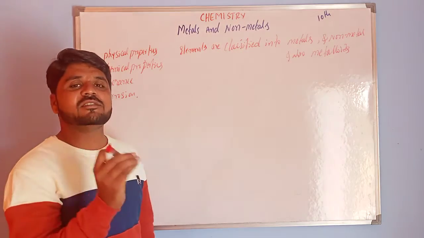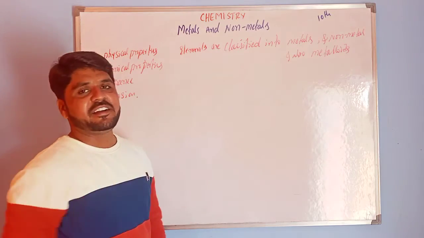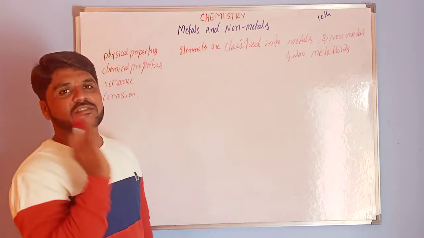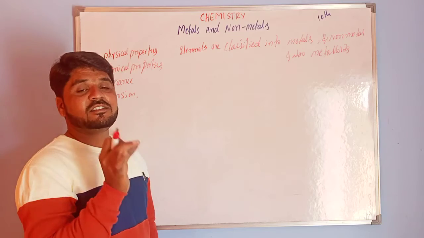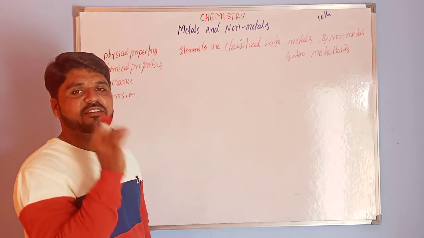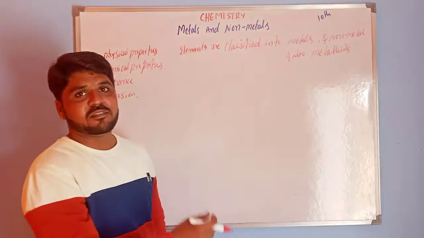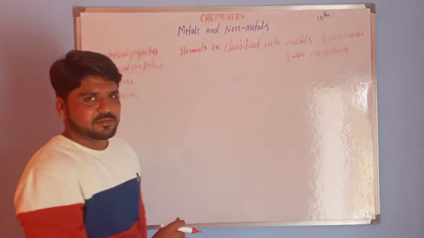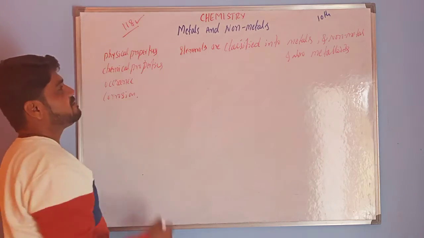It is a basic unit of matter which cannot be separated into simpler substances in a chemical reaction. This is what elements are. In the periodic table, nearly 118 elements are there.